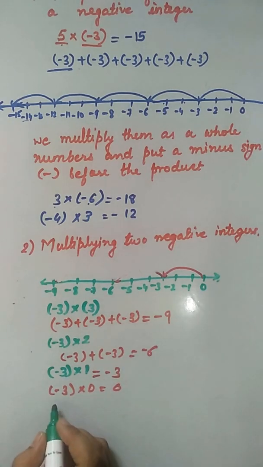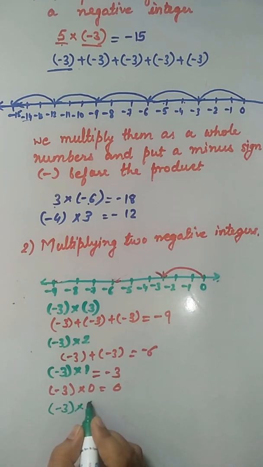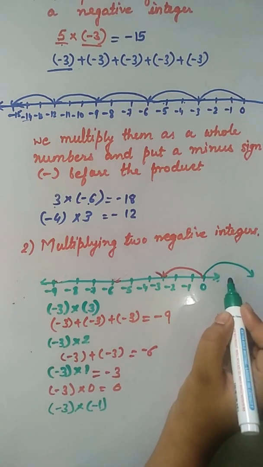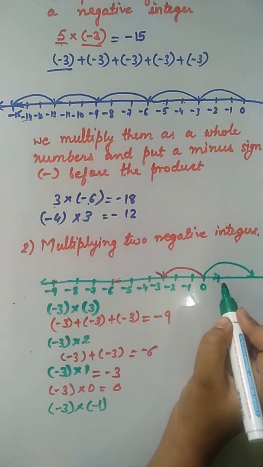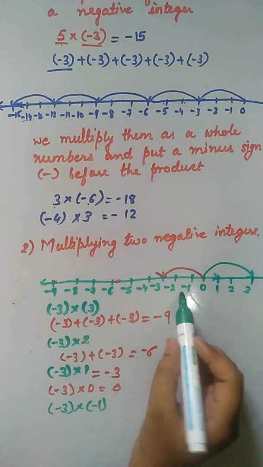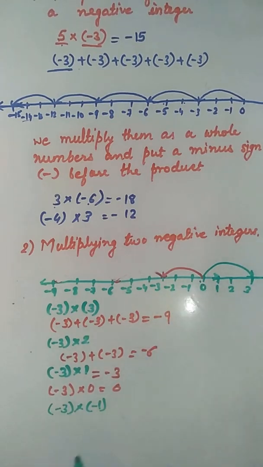So when we start multiplying with minus 1, we will start moving to this side of the number line, meaning the positive side. 1, 2, 3, till 0 we have reached here, and as soon as we multiply minus 3 into minus 1, we start moving on the right side of the number line.